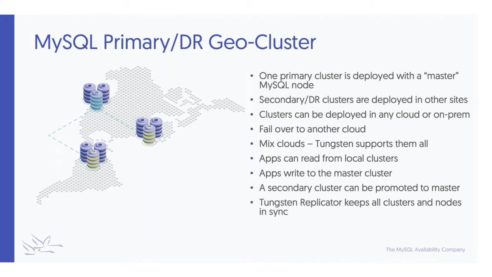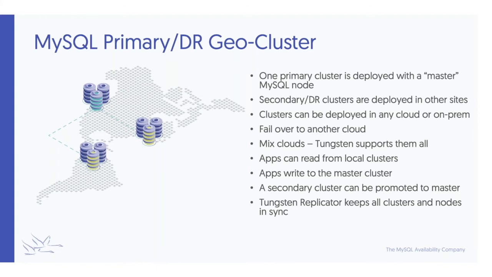So we have one cluster that's considered the primary cluster because it has a master or primary MySQL node that accepts writes for the whole cluster. And then we deploy secondary or DR clusters in other sites or other regions on any cloud provider, right?